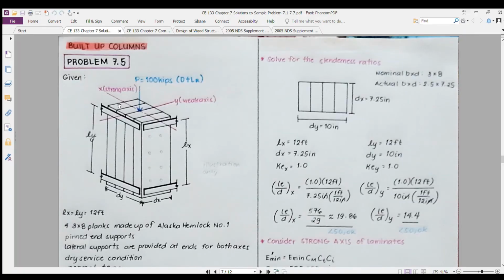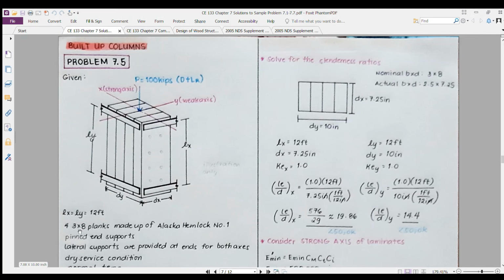For sample problem 7.6, we have here a built-up column which is composed of 4 3x8 inch planks, laterally supported on the top and the bottom, and carrying a 100 kips combined dead and roof live load. Since the planks are unbraced in both directions, L sub x is equal to L sub y is equal to 12 feet.